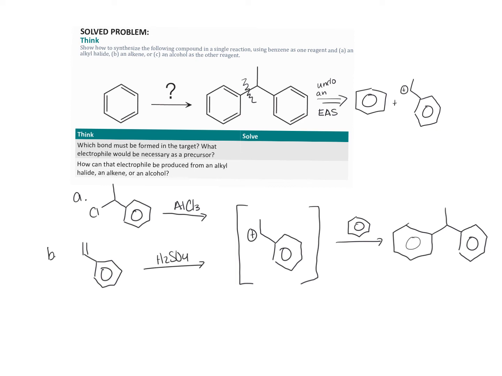So that's B. And then C, we have H2SO4, and that would give us that intermediate. So very versatile, lots of different ways that you can do this. Now, there are some limits to this reaction, okay? And so let's talk about those.